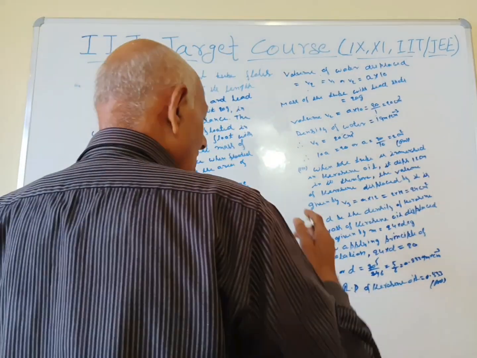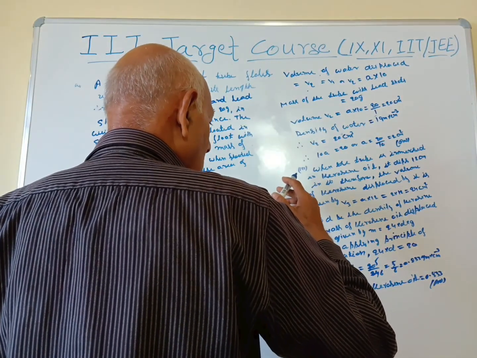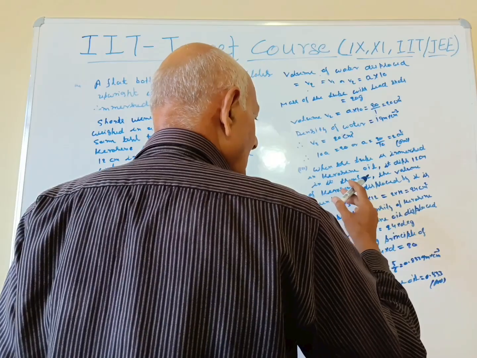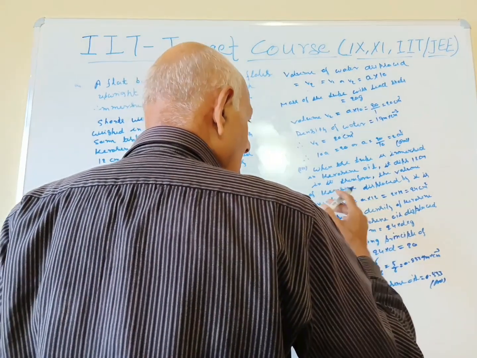Answer. Third part. When the tube is immersed in kerosene oil, it is displaced 12 centimeter in it.